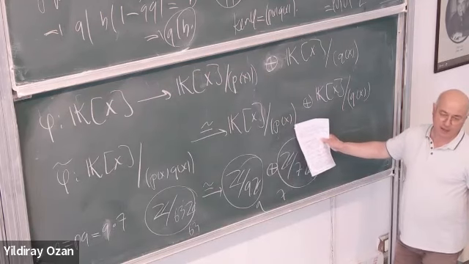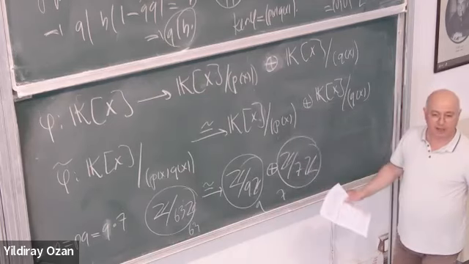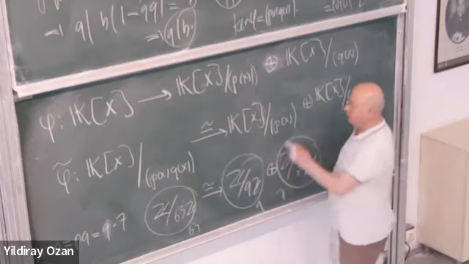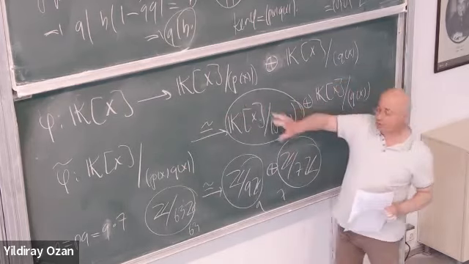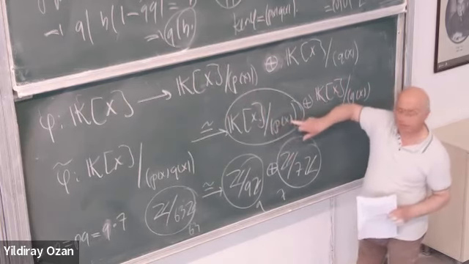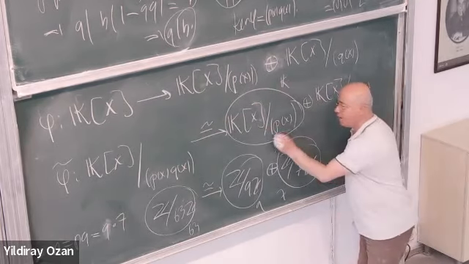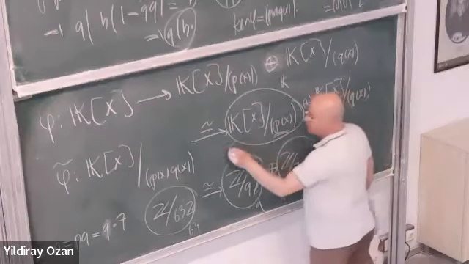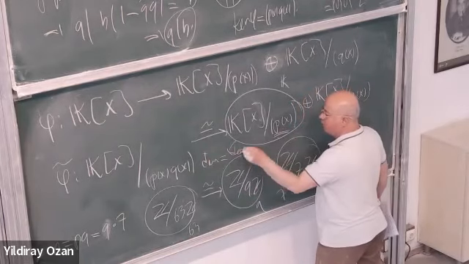How would you generalize this argument here? Well, here I cannot count the elements because they are infinitely many, but I can count the dimensions. These are vector spaces. This is a polynomial ring divided by some polynomial. The dimension of this vector space as a k vector space is the degree of this polynomial, degree of p.